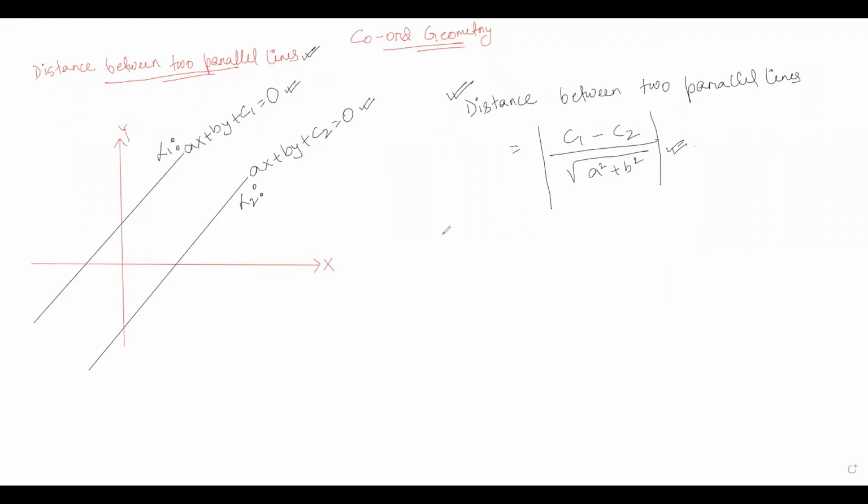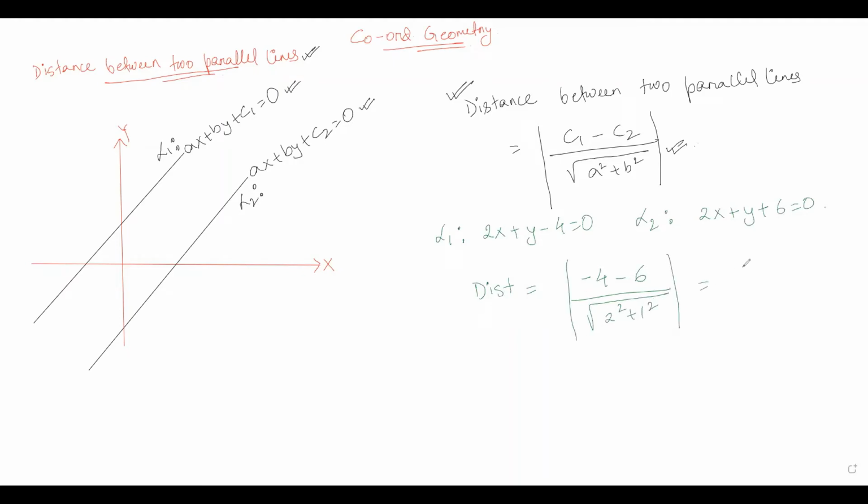For example, say if I have the first line L1 as 2x plus y minus 4 equal to 0, say, and the line L2 as 2x plus y plus 6 equal to 0. So these lines L1 and L2 are parallel lines, and I want to find the distance between these two parallel lines. So the distance between these two parallel lines would be given by simply minus 4 minus 6 upon under root of 2 square plus 1 square, and there would be a mod.